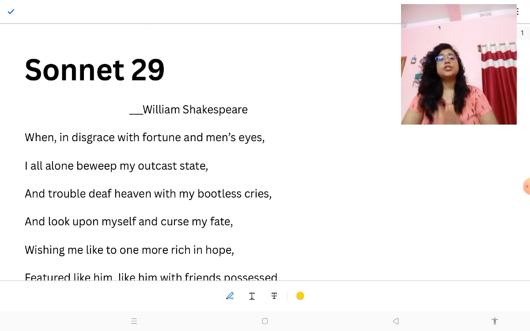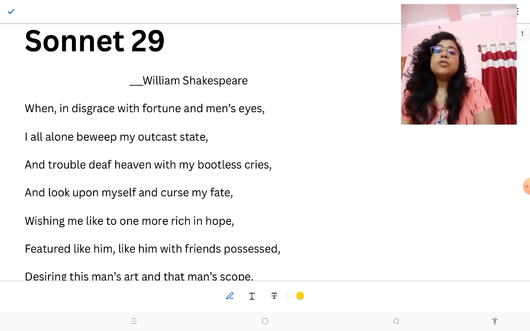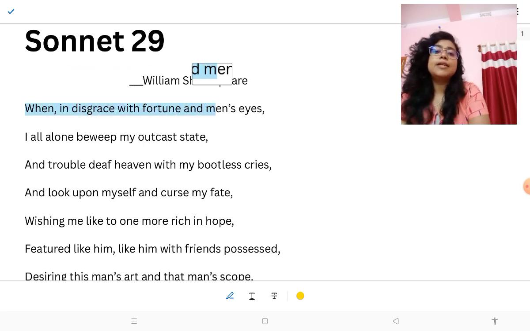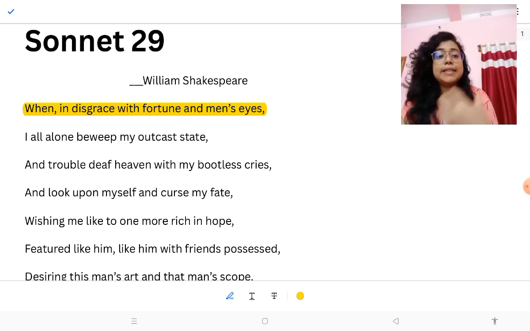Okay, so let's go through the sonnet line by line. I will explain it to you. The first line is: When in disgrace with fortune and men's eyes. He says that he is now in disgrace with fortune, meaning I don't have money, I am not financially capable now, I am financially weak.